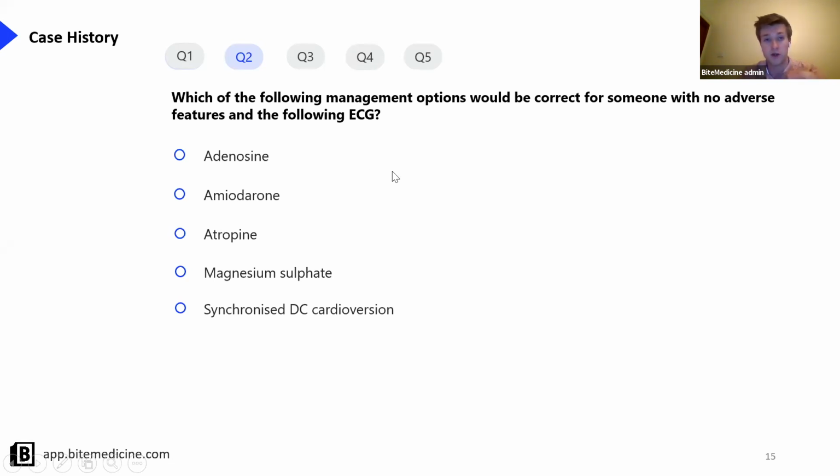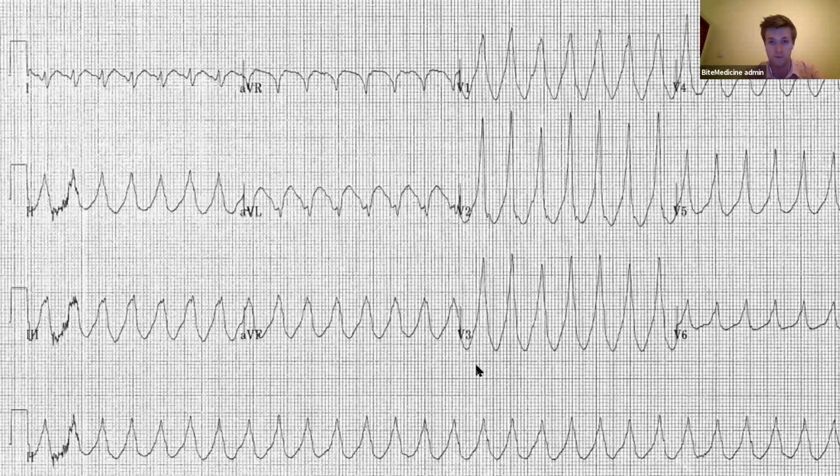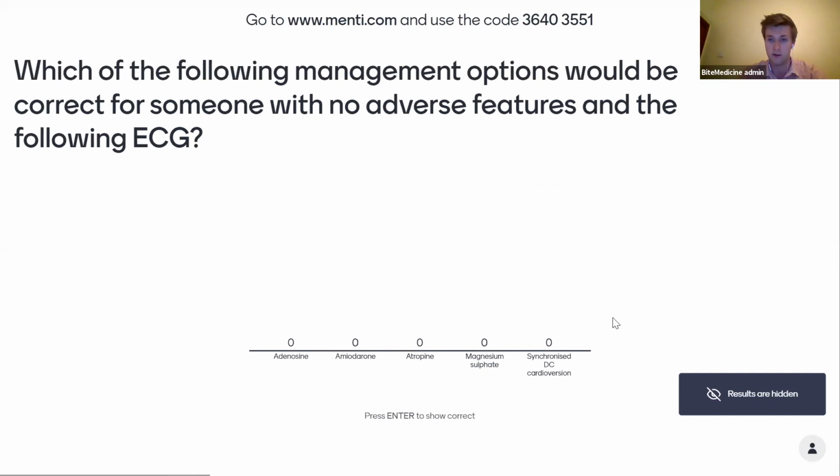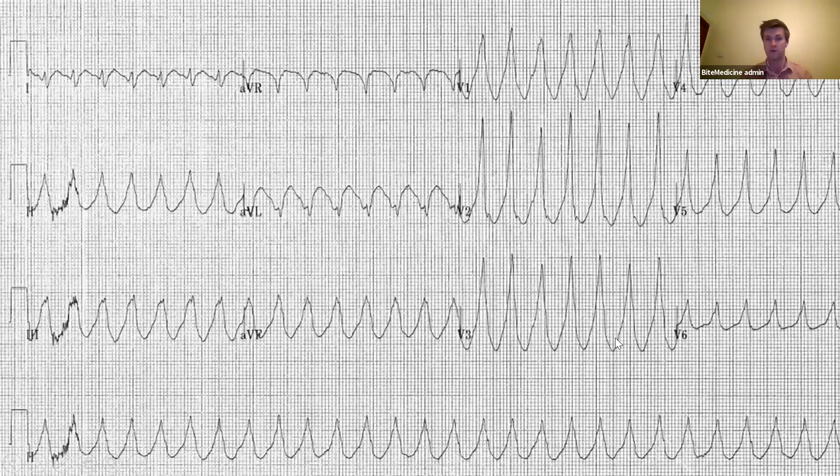Again, the options are going to be adenosine, amiodarone, atropine, magnesium sulfate, and synchronized DC cardioversion. And our ECG is here. So I will just nip over to Menti. Question 2 should now be available, and I'll show you that ECG again so you guys can have a good old look.